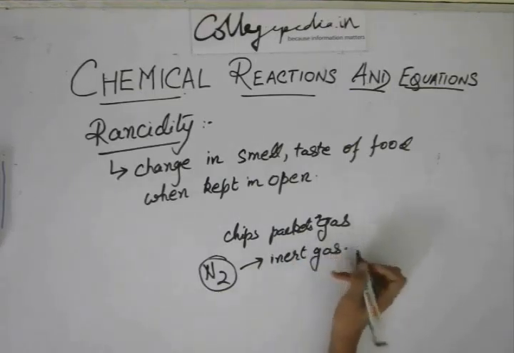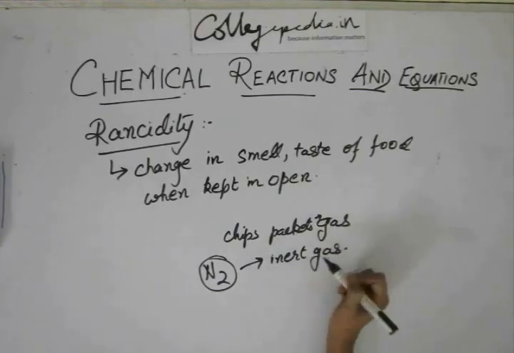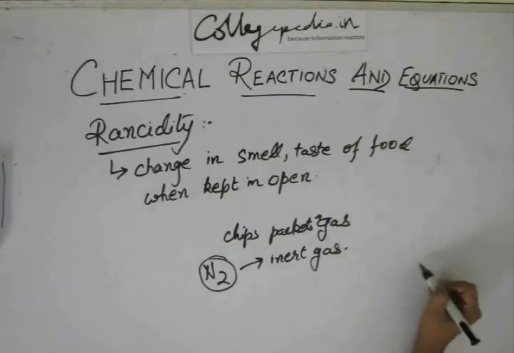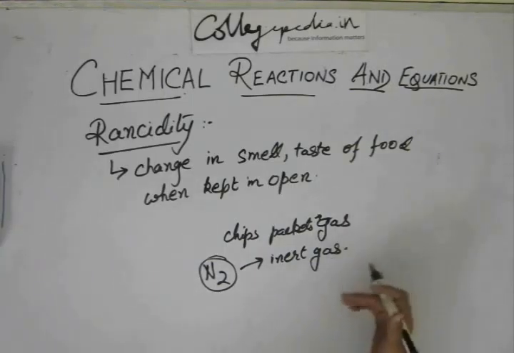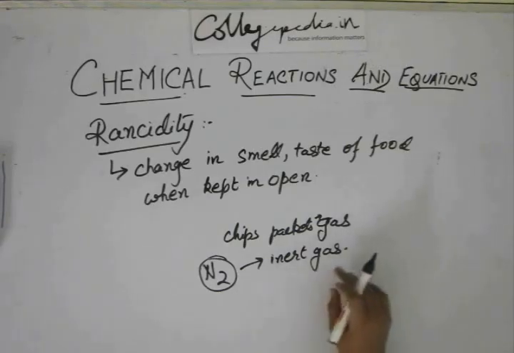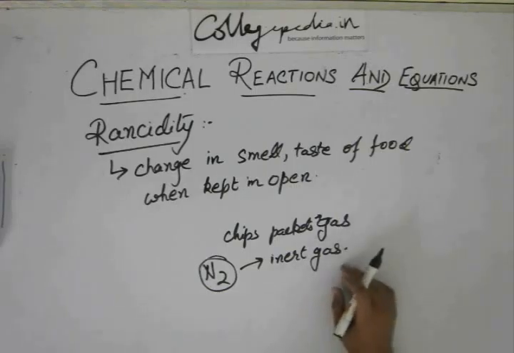It does not react with the chips. And due to this inert gas, there are no microbes which can breed inside the packet. If there would have been oxygen, oxygen itself would have attacked the chips, because due to air the chips would get damaged. So, due to this nitrogen, which is an inert gas, the chips are preserved.